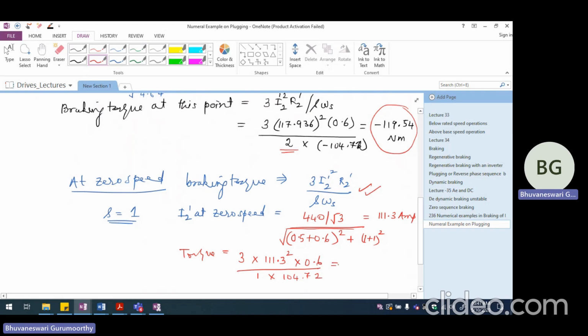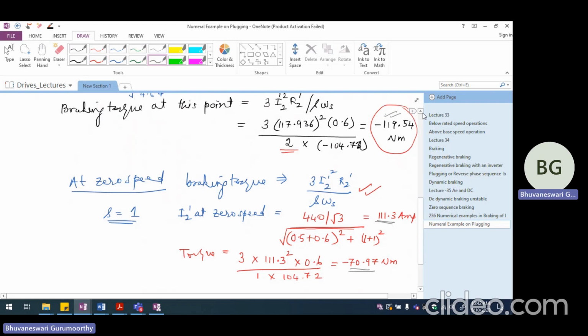So this will give us the torque being developed, that is 70.97 Newton meter. Again, I can use a negative sign if I look at this from the point of view of the original motoring operation. Please verify all the calculations, but please note that for 117 amperes, we got 119.54, whereas here we are getting for 111.3, 70.97.